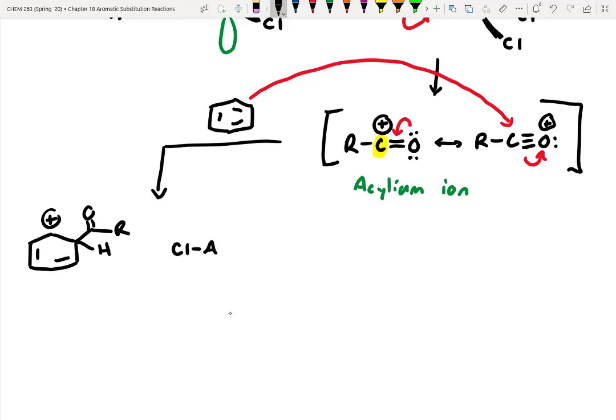But we also have this aluminum complex floating around in solution, where the aluminum has a negative charge.